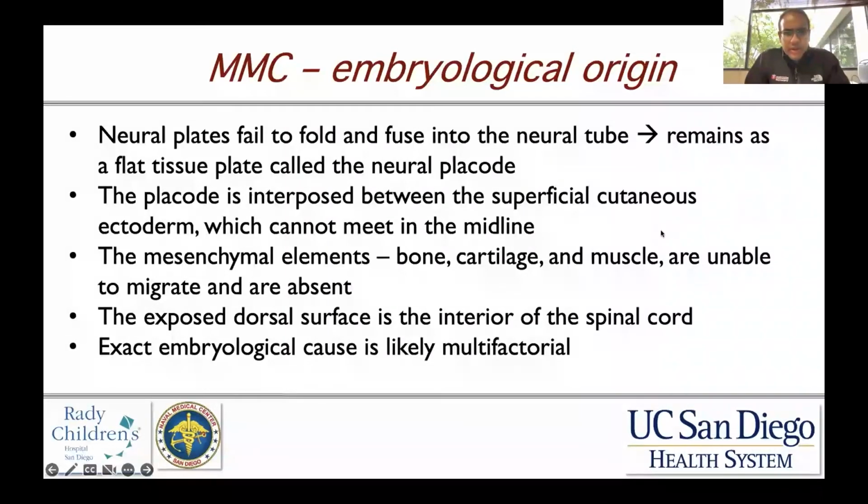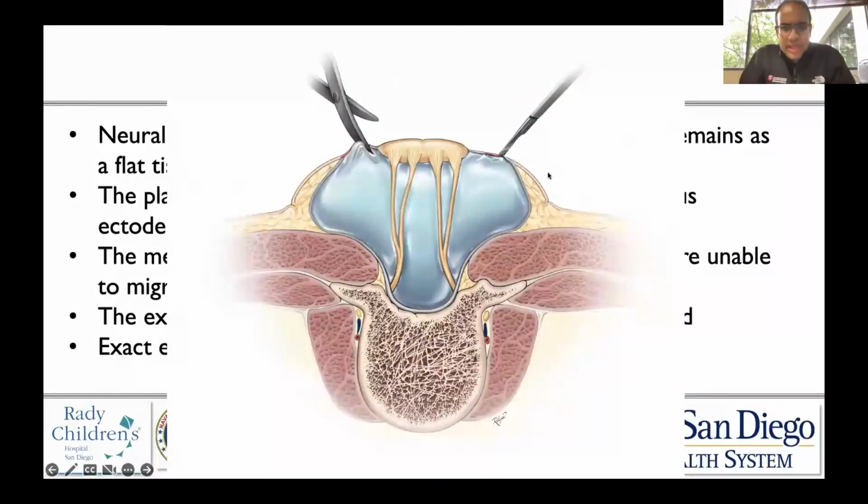But when we look at this cartoon, it's really a wonderful cartoon. This is a surgical cartoon indicating the scissors and a knife here, but this is the neural placode, and you can see that it's flat, and this outer surface that's exposed to the world is the inner surface of the spinal cord. You can see this neural plate has not folded properly to form a tube.